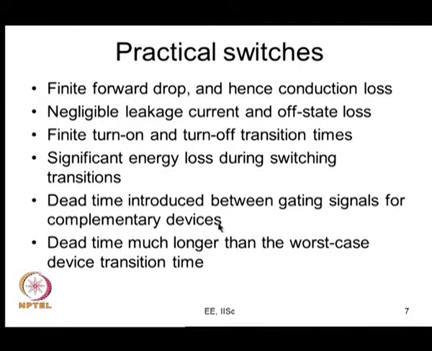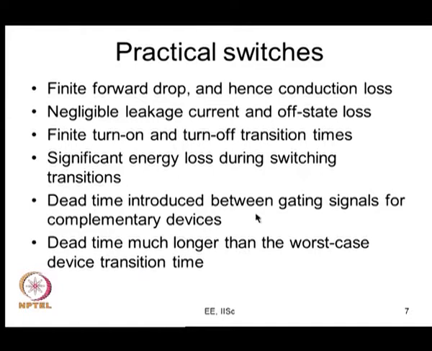Once again, with practical switches there are problems because of forward drop conduction loss, and you may have finite turn on and turn off transition. This finite turn on and turn off transition leads to switching energy loss. This was our subject in the last module, but in this module, because there is a finite amount of turn on and turn off transition, we are introducing dead time.